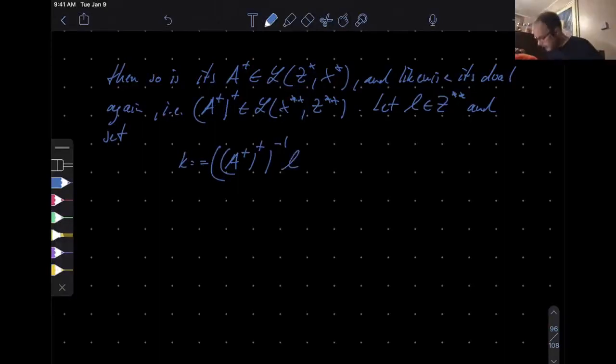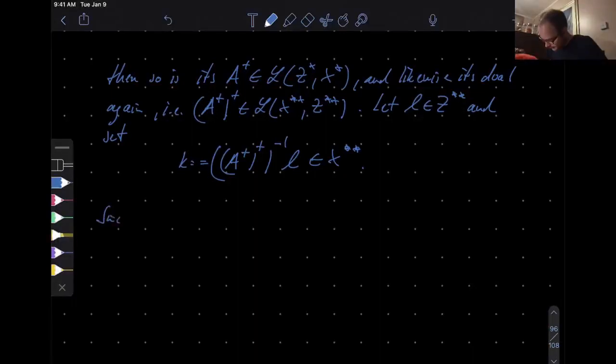So this is one way it works. You take L, which is an element in z star star, and then you compose it with the inverse of the dual transformation of the dual transformation. That is an element in the bidual of x. You can just check how these maps are defined.